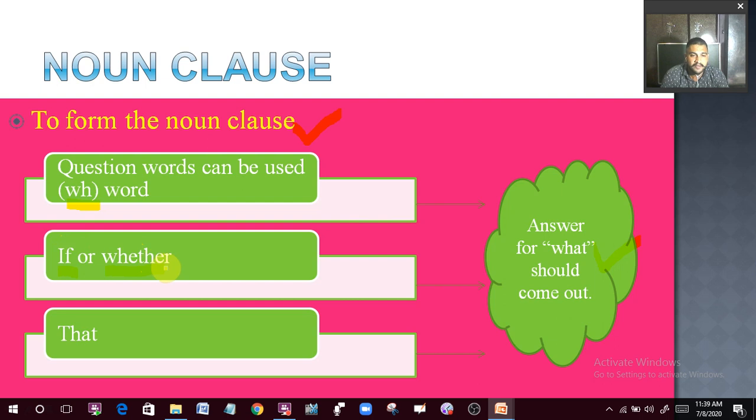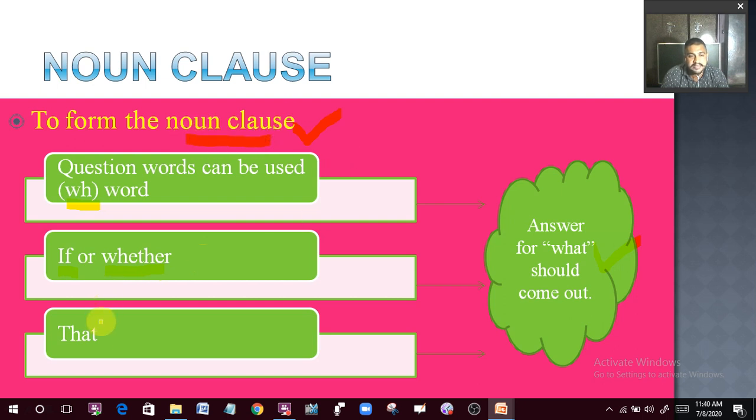And when we write indirect speech, if or whether is used to start a statement. Whenever we start a statement with if or whether, we make a complex sentence. But what would be the clause as an answer? That would be a noun clause.